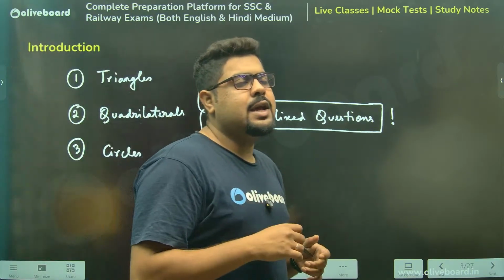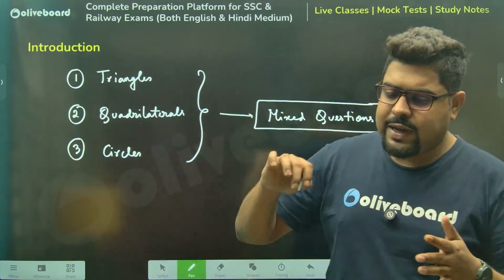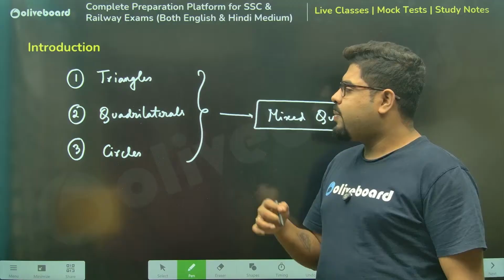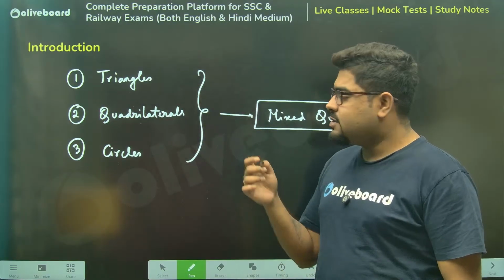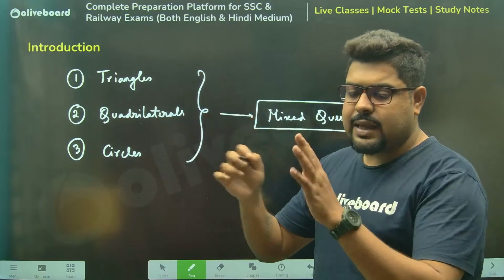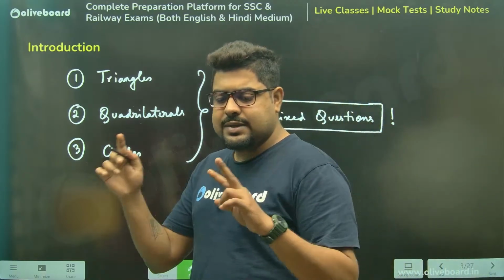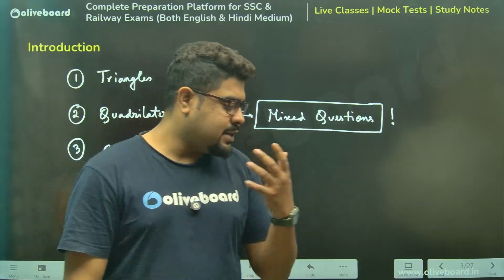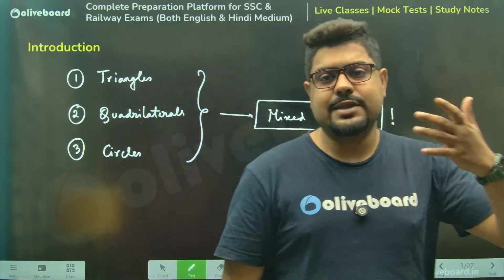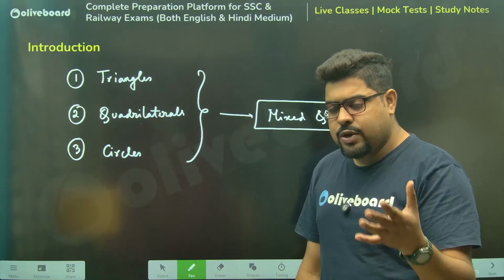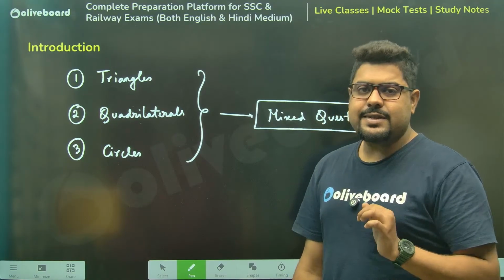Let's say they say the perimeter of an equilateral triangle is the same as the perimeter of a circle, or the area of an equilateral triangle is equal to the area of a square, and then they ask you something. So they are mixing two types of structures together. Those questions are asked on a regular basis, so you need to get comfortable solving them as well.